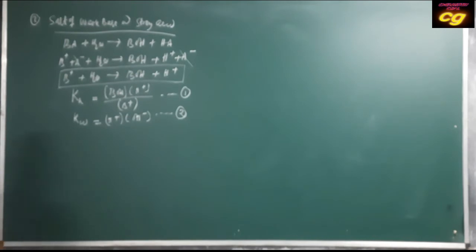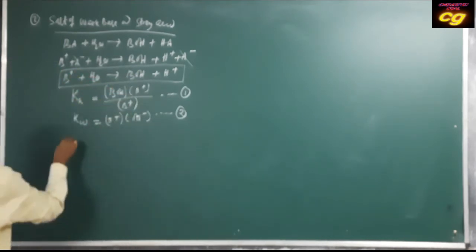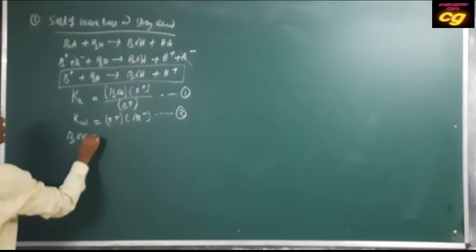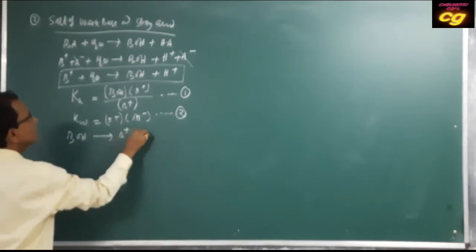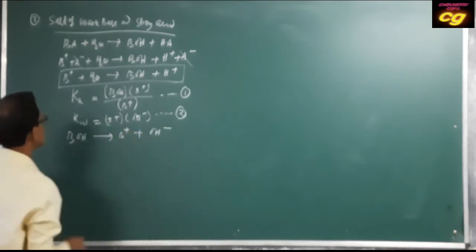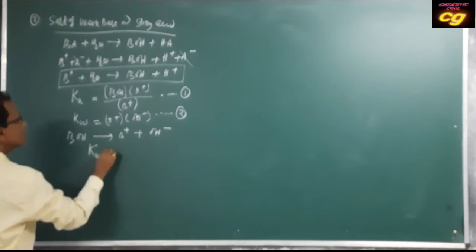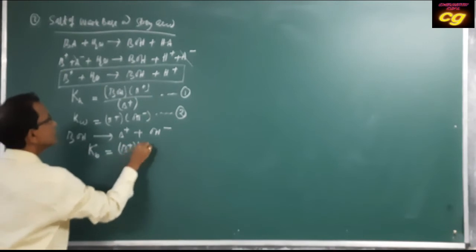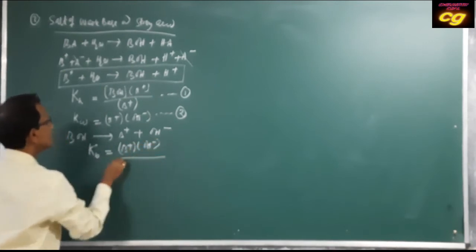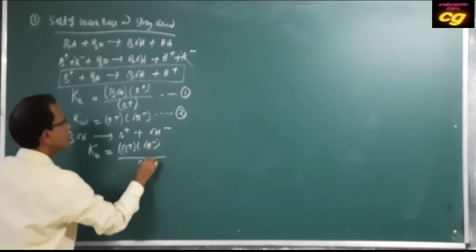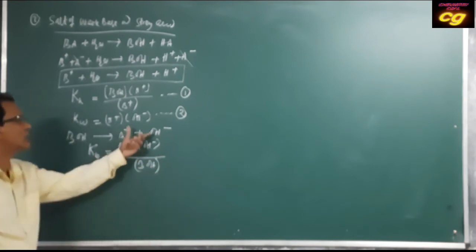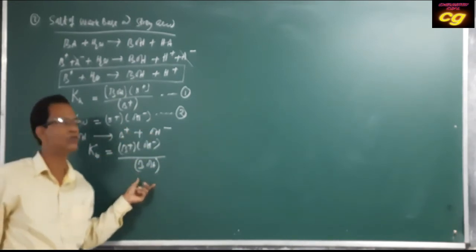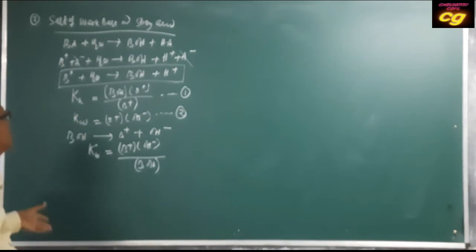Then as the base is weak, BOH on dissociation produces B plus and OH minus. So the dissociation constant Kb is equal to B plus concentration into OH minus concentration upon BOH. Always product concentration over reactant concentration; this is the expression of the equilibrium constant.